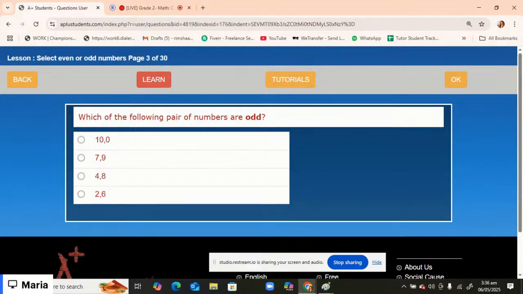Which of the following pairs of numbers are odd? 10 and 0, 7 and 9, 4 and 8, 2 and 6. The first one, 10 and 0: 10 is even, 0 is also even. Next, 7 and 9: 7 is an odd number and 9 is also an odd number.